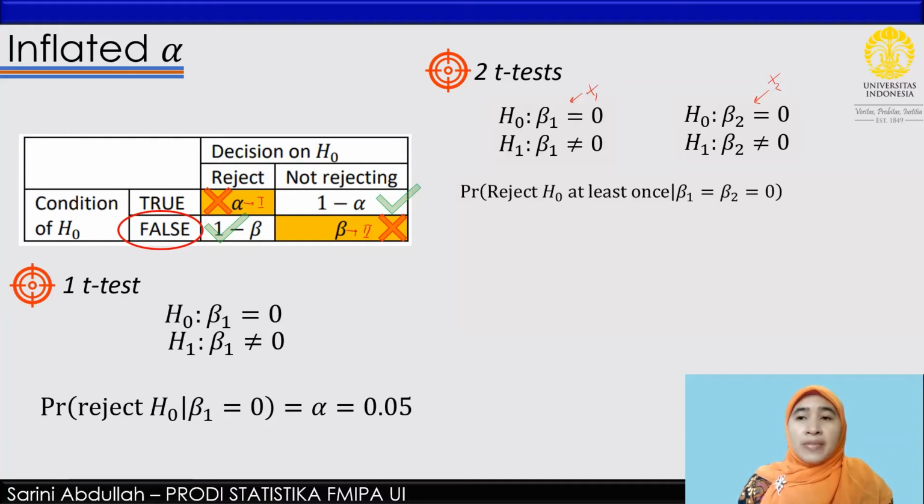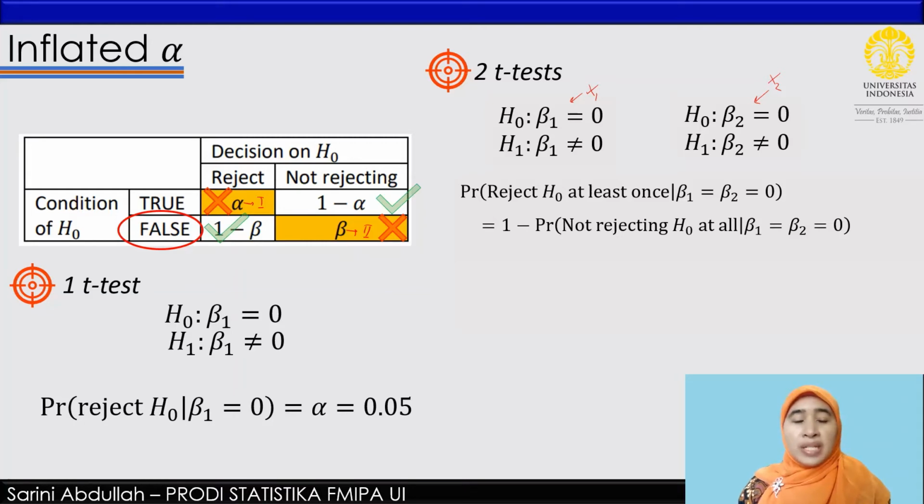So in case we have only two predictors, then the probability of rejecting at least once the correct null hypothesis, that is the type 1 error, is given by, using the complement property here, 1 minus the probability of not rejecting the null hypothesis at all, given both null hypotheses are correct.